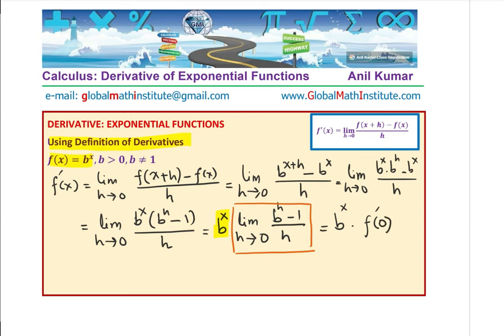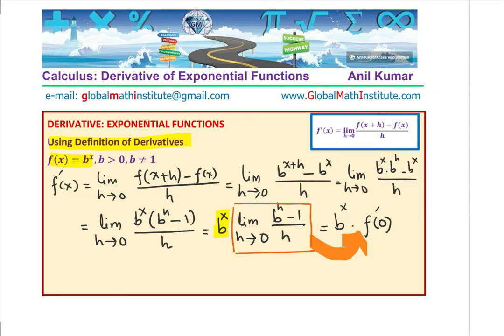Now that is sometimes not understood by many students, and that is the reason why they come to me many times with this particular question. How come we can go from this step to this step? It is absolutely correct step, but understanding is kind of difficult. So I'd like you to really think about this part.